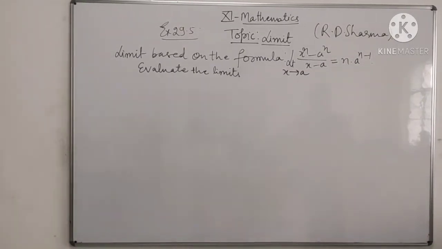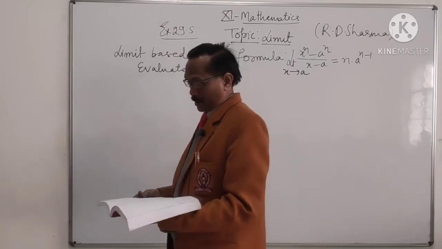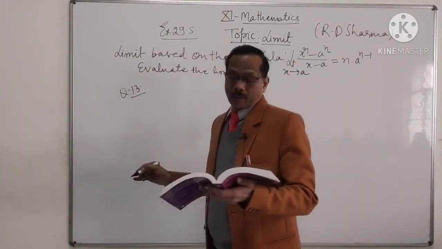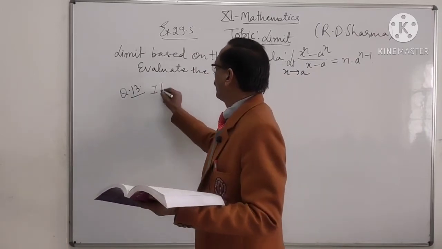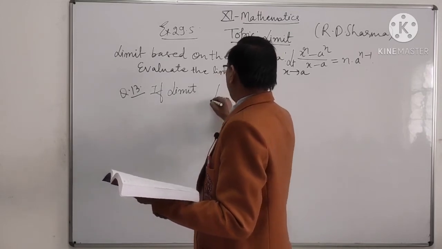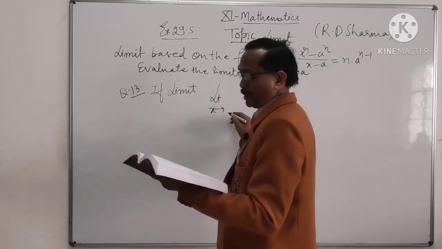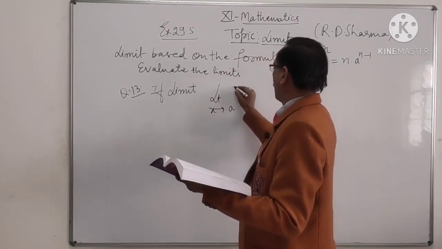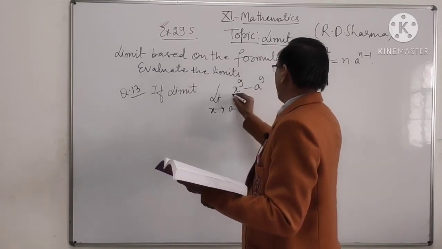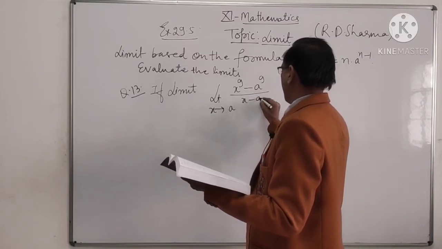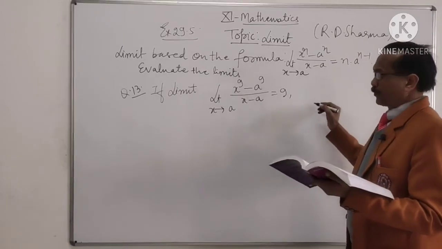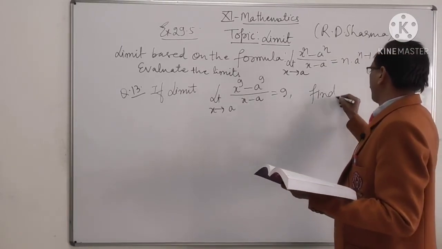Now next is question number 13. If limit x tends to a, x power 9 minus a power 9 upon x minus a equal to 9, find the value of a.